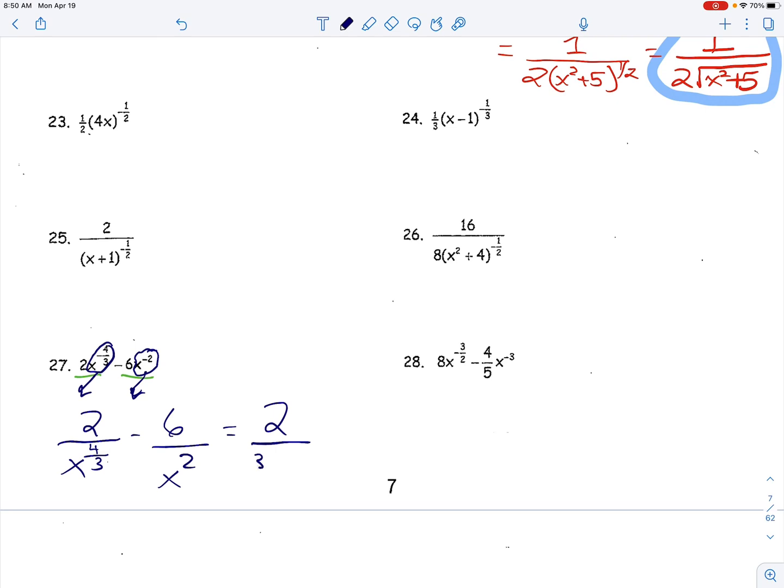So 2 over the 3rd or cube root of x to the 4th minus, and you don't need to do anything with the 6 over x squared. It's not a fractional exponent, right?